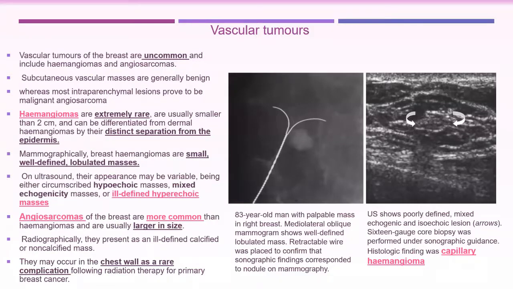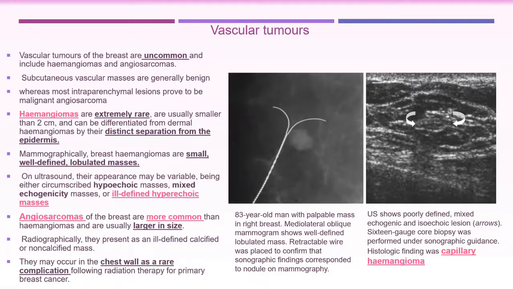If we see a lesion in the subcutaneous fat, more superficial, we'll think about a benign lesion like hemangioma, which is rarer. If we see a lesion inside the parenchyma, we have to think about a malignant vascular tumor like angiosarcoma, which is more common and usually larger. Hemangioma is usually a small, well-defined, lobulated mass, but can present in a wide range of ways, and can be indistinct.